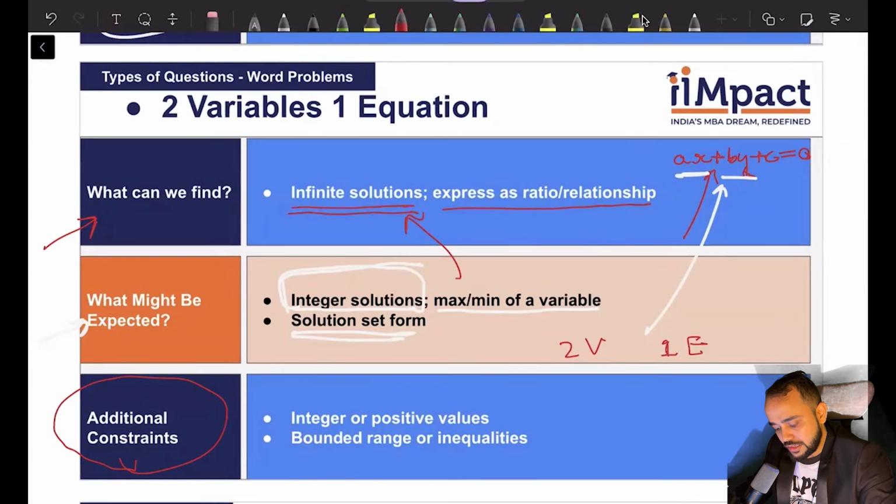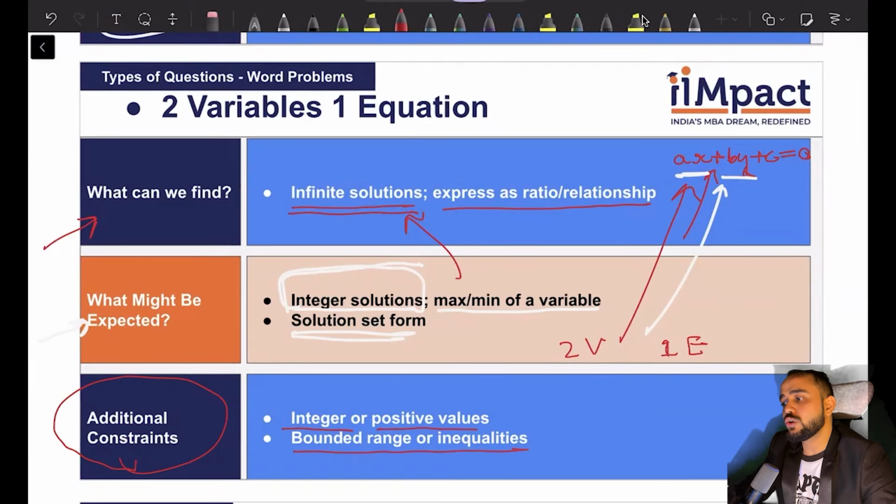They can introduce the constraint that x and y are integers. This is the number one most common situation that you are going to face, that the equation that you are making has x and y as integers. They can put an additional constraint: positive integers, non-negative integers, zero is allowed. They can put some condition that x can't be greater than this and y can't be greater than this, and they are also in addition integers.